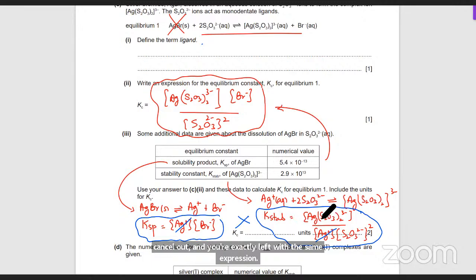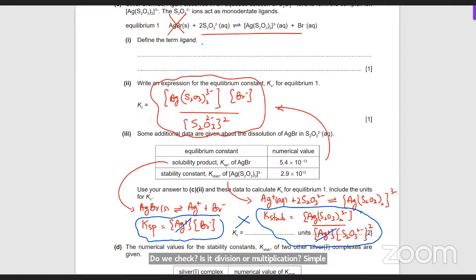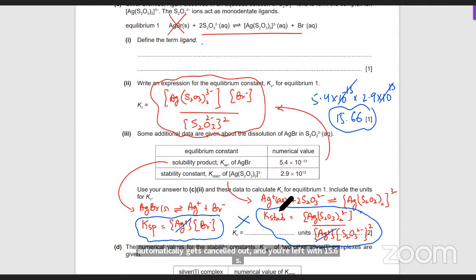Simple multiplication. So बस इसका मतलब है you just multiply the two values. So it's 5.4. So the answer to this is 5.4 times 10 power minus 13 multiplied by 2.9 times 10 power 13. 10 power 13 automatically gets cancelled out. And you're left with 15.6s. So that's your answer to this.